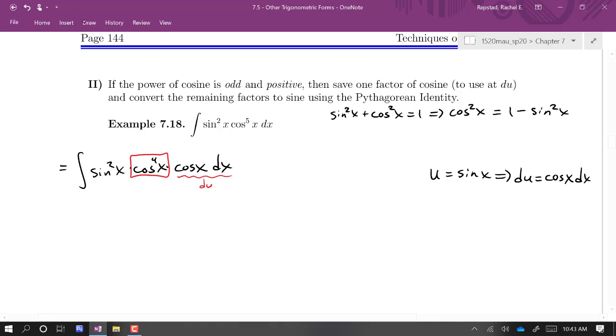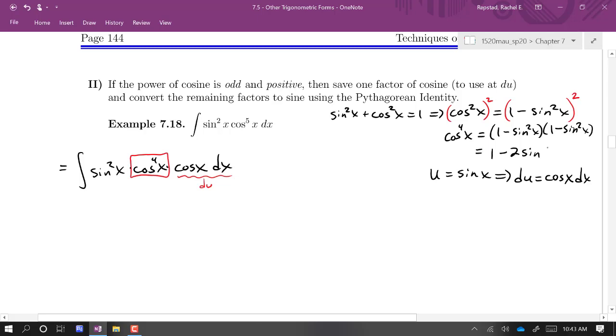So just note, look what happens if I square both sides of this equation here in the identity. On the left side I get cosine to the fourth x. And on the right side I'm going to square this out. 1 minus sine squared x times 1 minus sine squared x. And if I FOIL this out, I get 1 minus 2 sine squared x plus sine to the fourth of x.